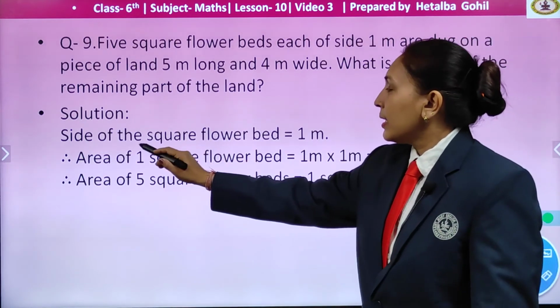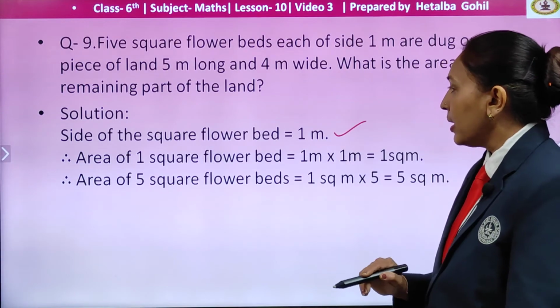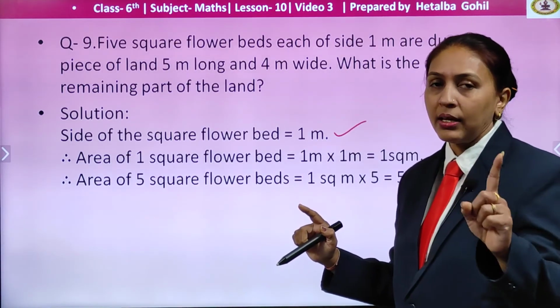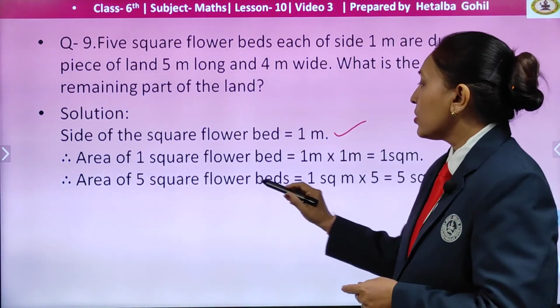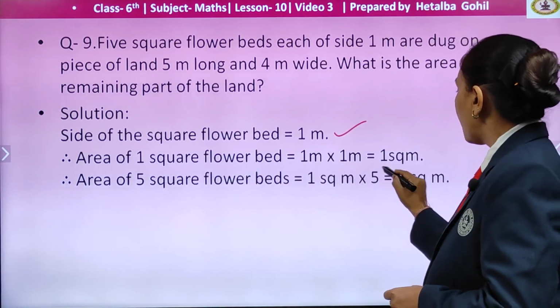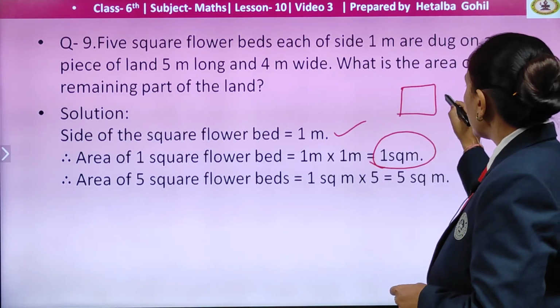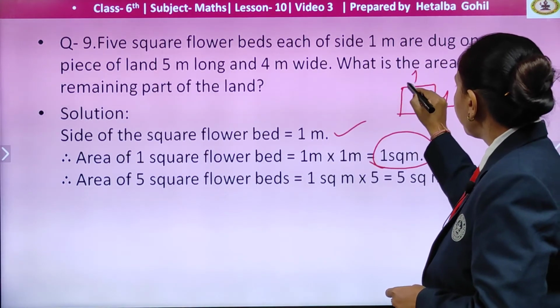So first, the side of the square flower bed is 1 meter. So let us first find the area covered by one flower bed. 1 square flower bed covers an area of 1 square meter. Why? Suppose it is a square flower bed, so 1 by 1.